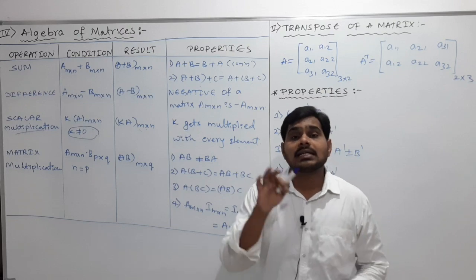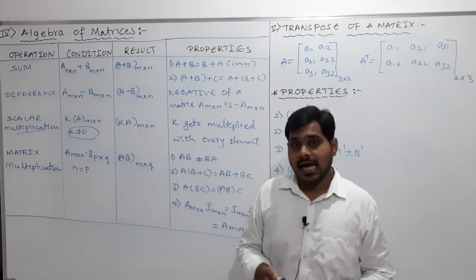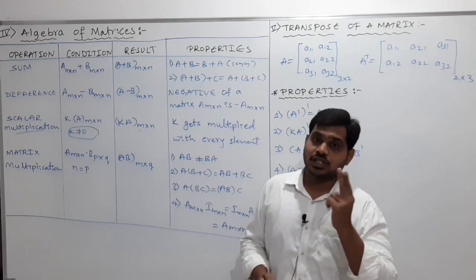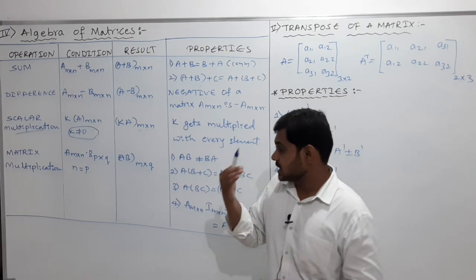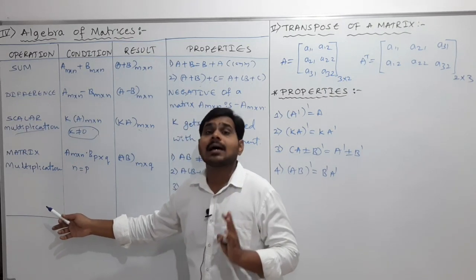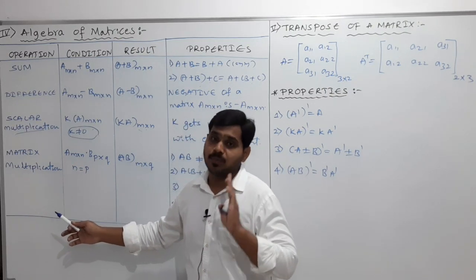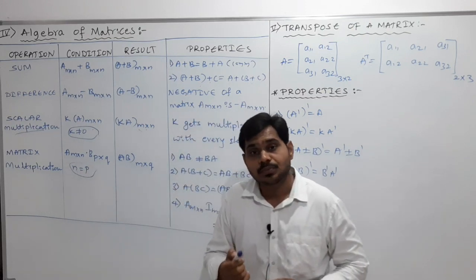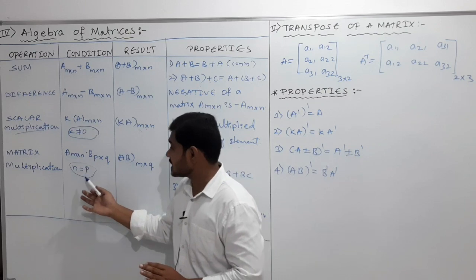Very important. In CET, sometimes they will give you two matrices and ask whether the multiplication is possible or not. So in such cases we should know. Please remember, my dear students, matrix multiplication is possible only if n is equal to p. What does n equal to p mean?